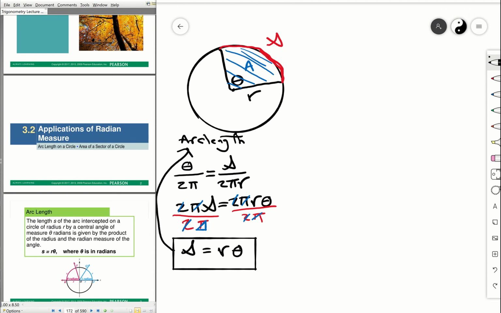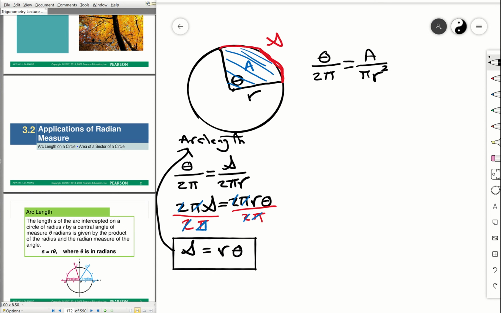All right. So we can set up another proportion that will help us find the formula for the area of the sector in here as well, which we shaded in blue. Notice that the ratio of the same angle theta to, once again, the measure of the entire circle, which as you know is 2 pi radians, is also the same as the ratio of the area of that sector to the area of the entire circle, which as you know is just pi r squared for a circle of radius r.